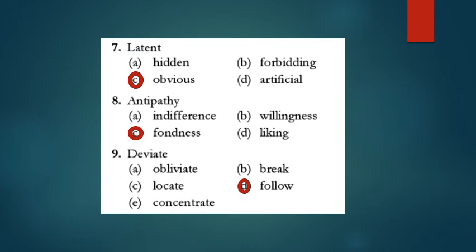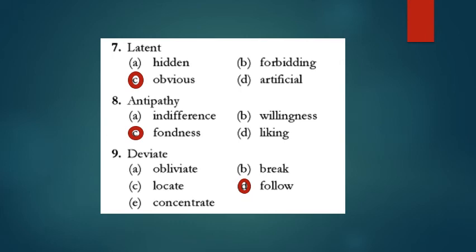Latent. Latent means hidden. Now dormant. That's what latent means. So the right answer will be C, obvious. It's clear. Antipathy. What does antipathy mean? Antipathy means showing some sort of hatred, dislike, aversion.